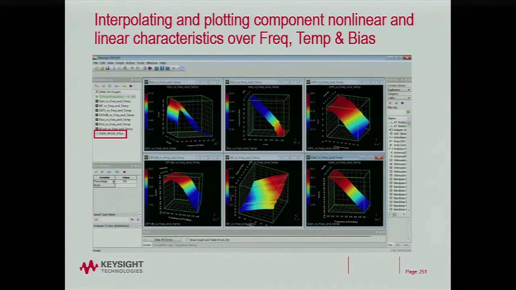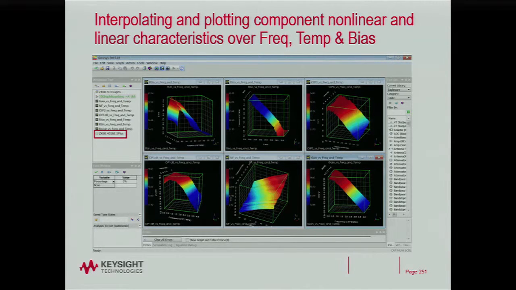So you see the data set highlighted on the left on the workspace tree in the little red box. That's the data set that's been imported. These are 3D graphs generated from the data. So here you're looking at return loss versus frequency and temperature, gain versus frequency and temperature, P1dB versus frequency and temperature.